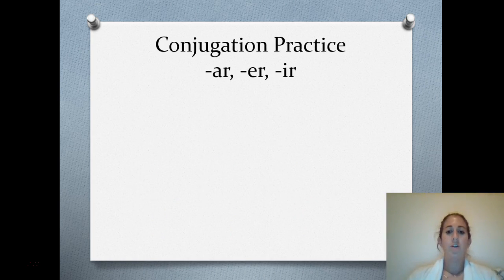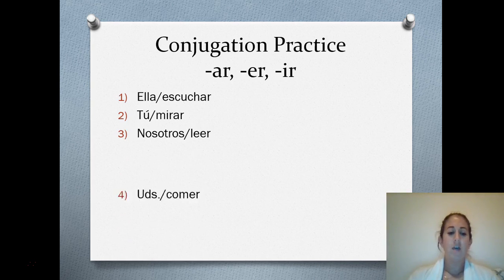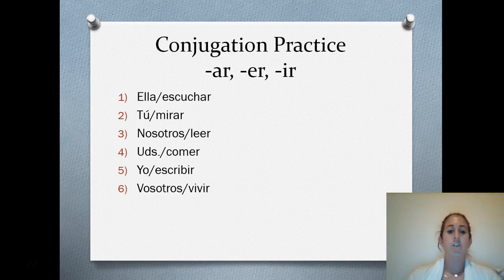Alright, so here's an opportunity for you to stop and practice. So I've got 6 conjugations that I would like for you to do. Make sure you hit pause, and we will check your answers here shortly. Alright, here we go. Make sure that you're comfortable with what these phrases mean in English. We'll go over that in class.